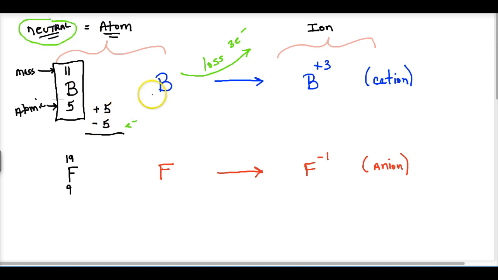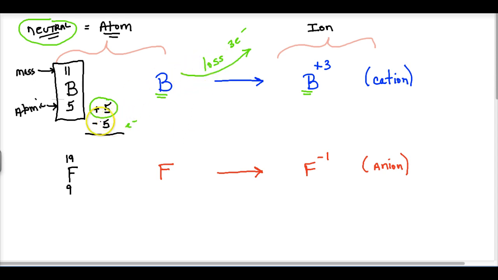So in order for boron to become boron +3, if it's still boron, the elemental symbol is not changing, which means the number of protons cannot change, as we've already learned. So it's because we lost 3 electrons.